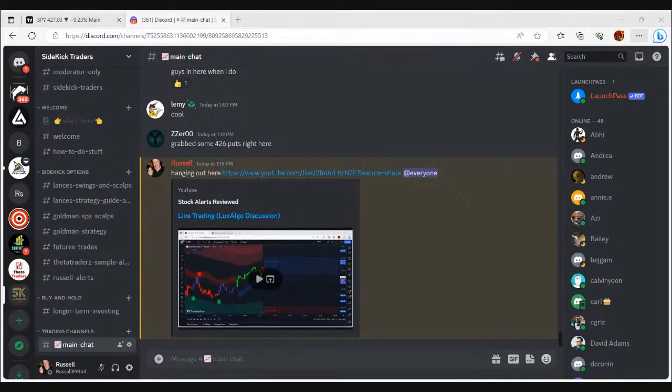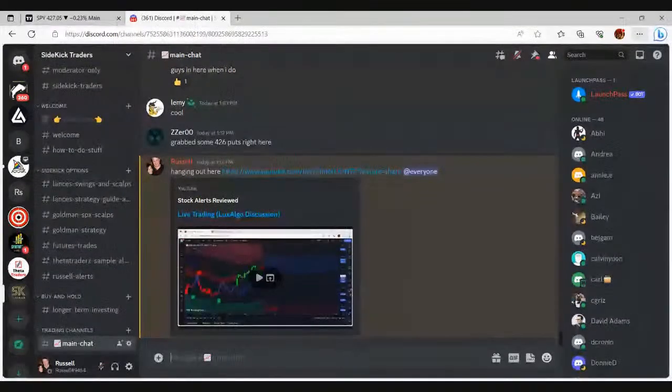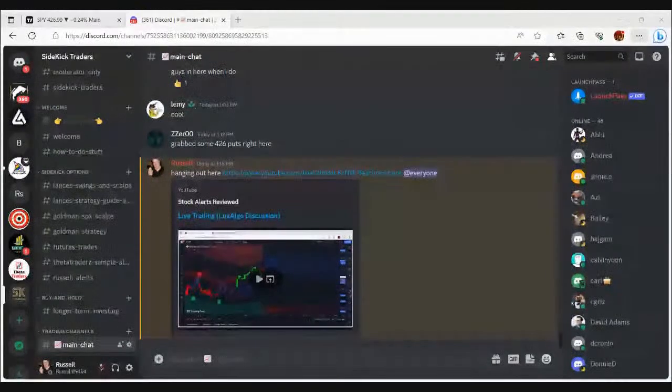Just starting to look at the LuxAlgo, seeing what we can see. Let's see. Got to switch to LuxAlgo again on the window here.